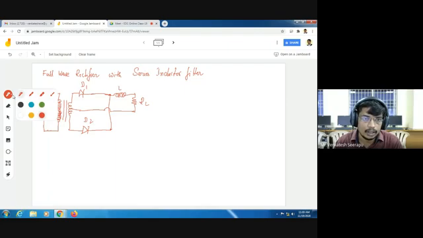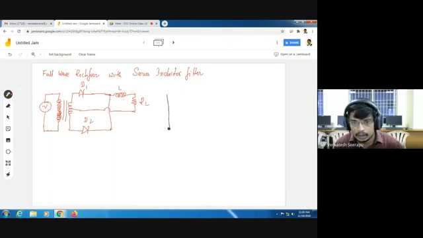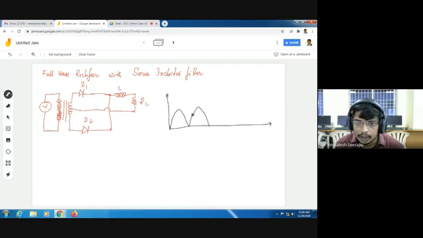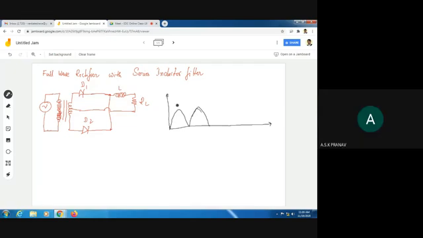All of you know the output waveform of a full wave rectifier. Let us consider what is the difference between the output waveform of a full wave rectifier and a half wave rectifier. Output waveform difference between full wave rectifier and half wave rectifier? In half wave rectifier only half wave.